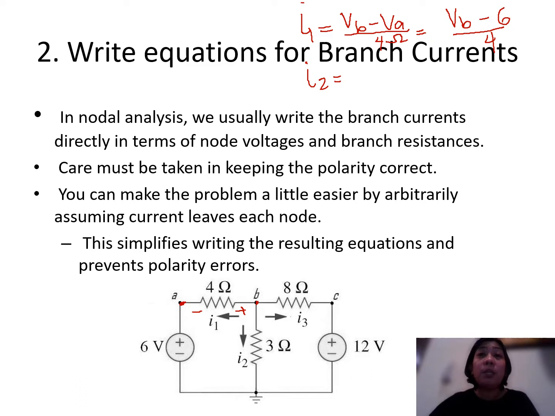And what is the voltage at your potential ground? This is equivalent to 0. So we can say that this is VB minus 0, with respect to the ground, divided by the resistance connected to that, which is equivalent to 3 ohms. Or we can rewrite this as VB over 3. So let us erase that.